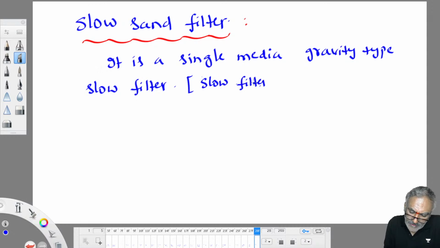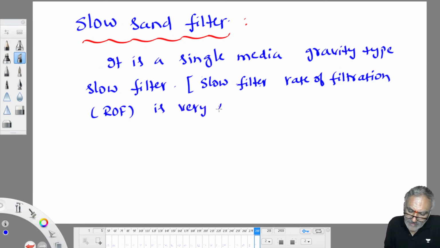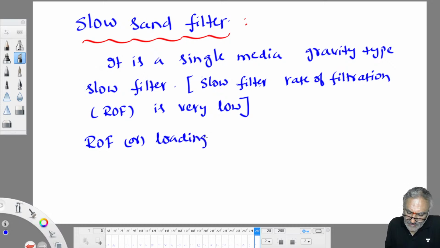The shortcut to rate of filtration is ROF. Rate of filtration is also called loading rate. It is a design parameter actually.